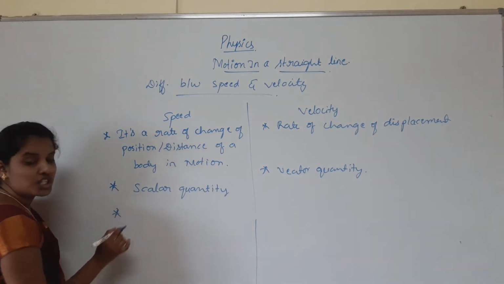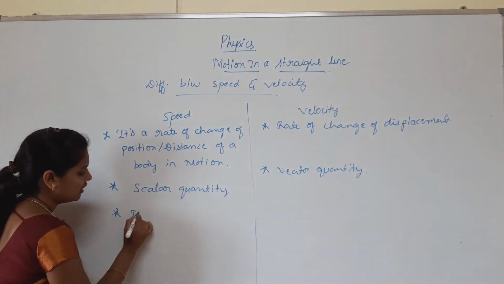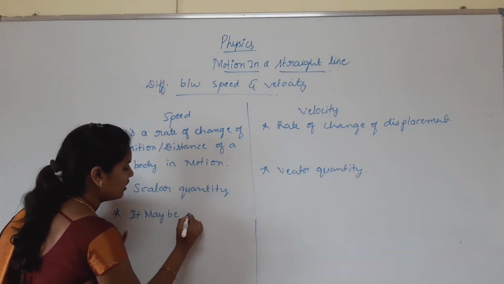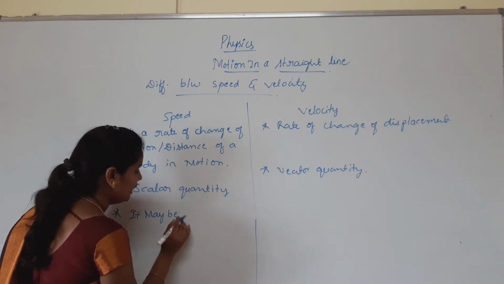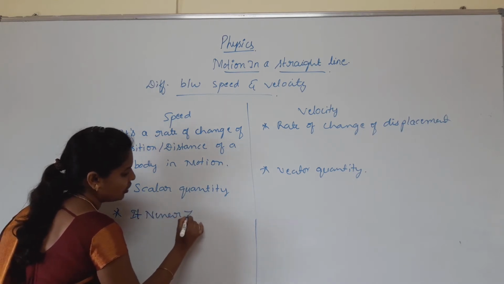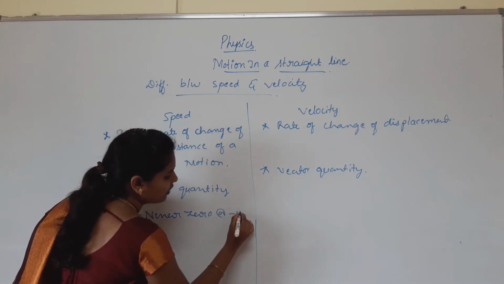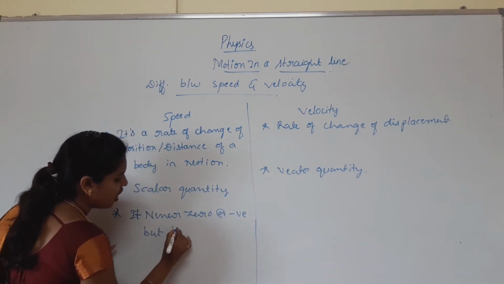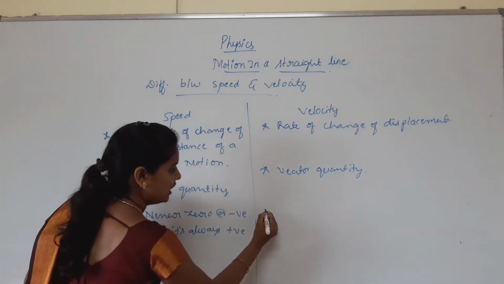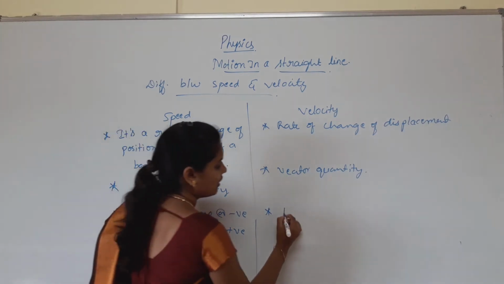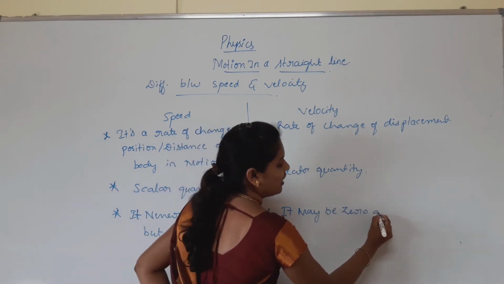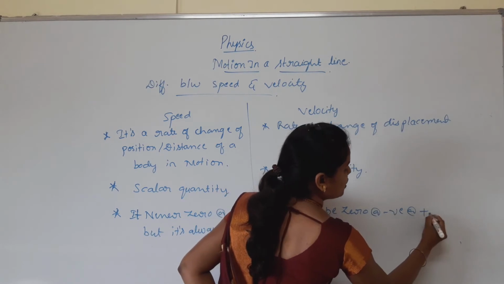Speed is always positive, but velocity may be zero, negative or positive.